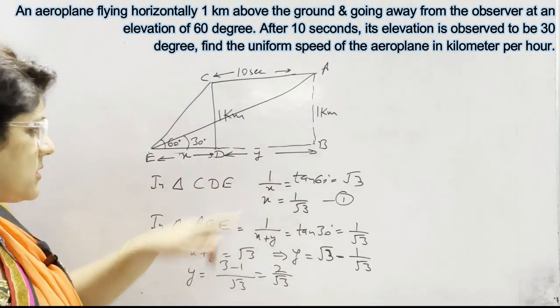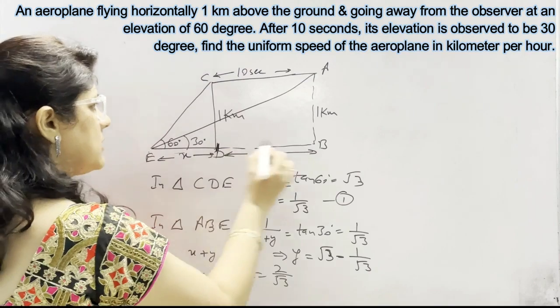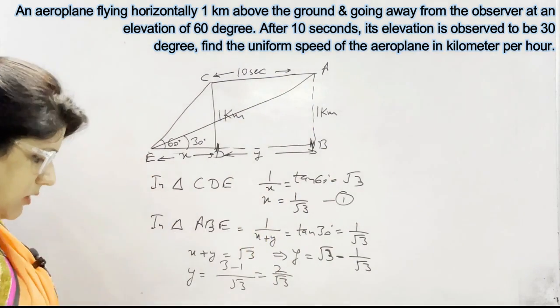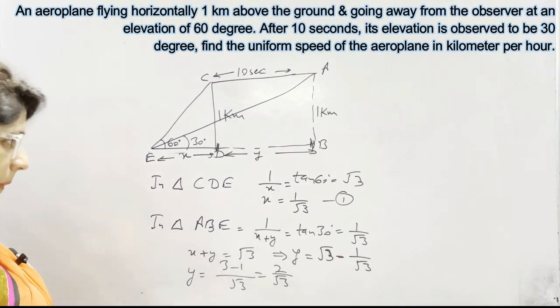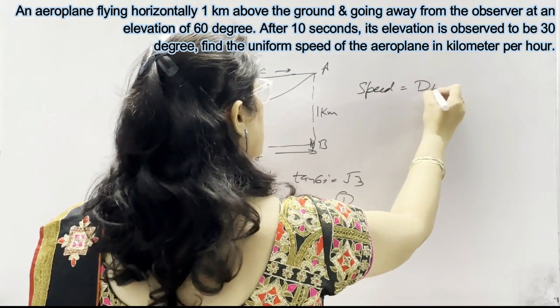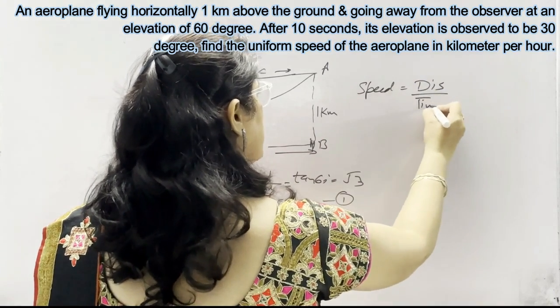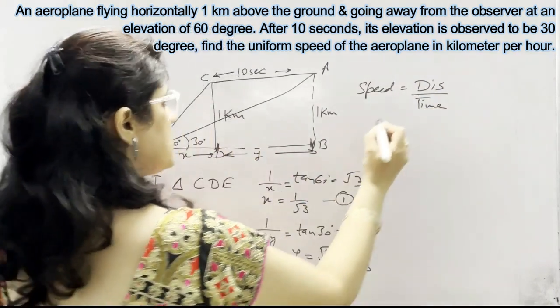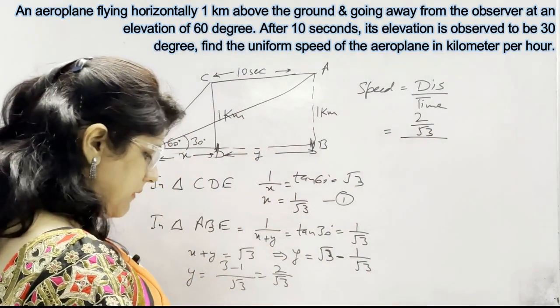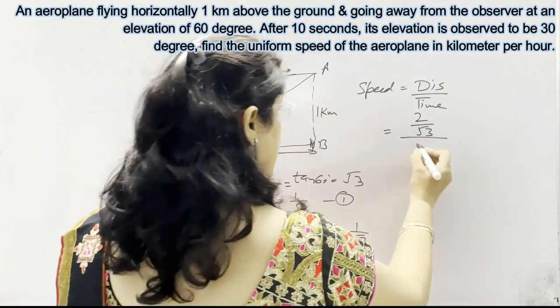So this is the distance which is covered in this time and the time here is given as 10 seconds. Now we can calculate speed. Speed is equal to distance upon time. Distance is 2 upon under root 3 and the time given in the question is 10 seconds.